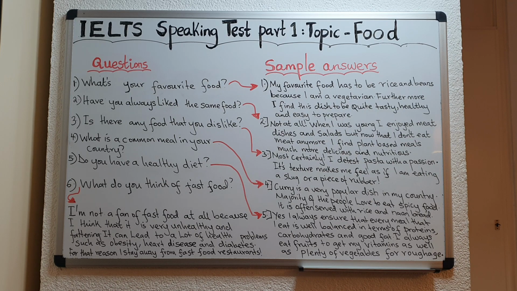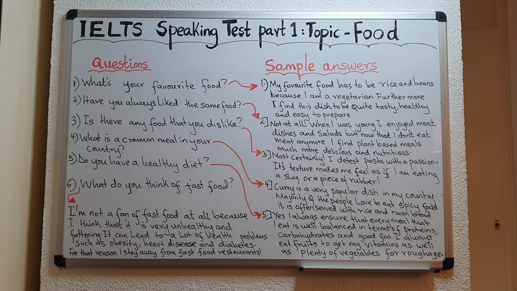And as you carry on with the rest of the answers, you notice that I use a number of joining words. If you're not familiar with joining words or what we call connectors or linking words, feel free to have a look at my playlist on grammar, and you will find a video that explains more about connectors or linking words.